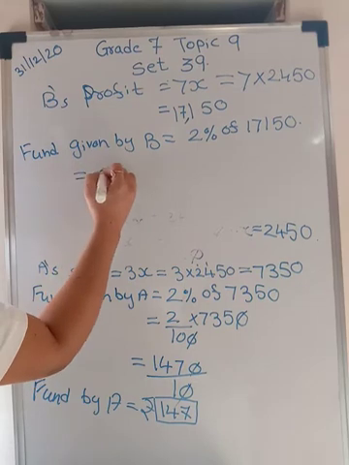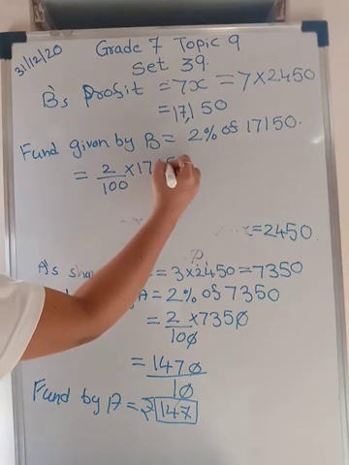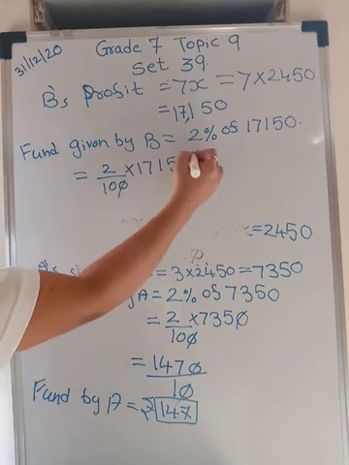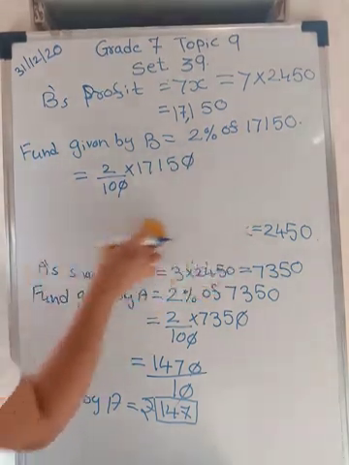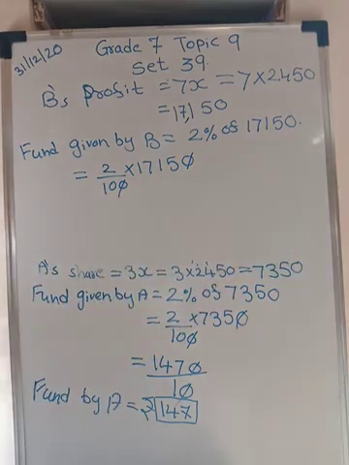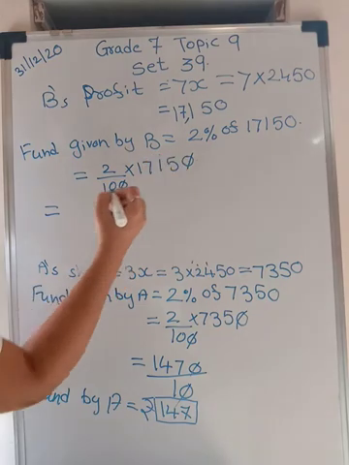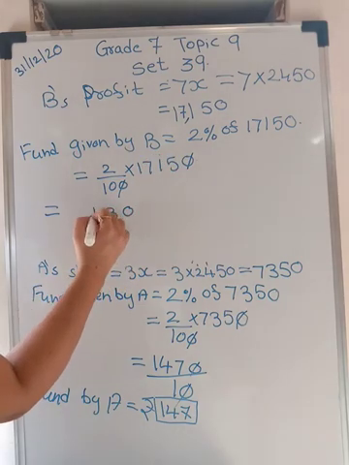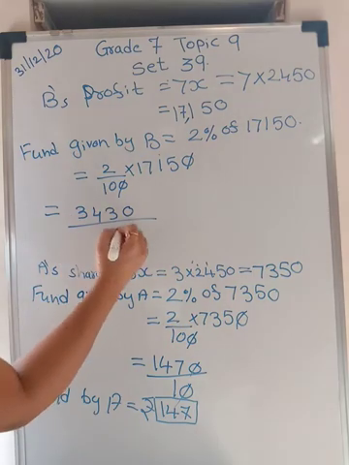Which will be equal to 2 upon 100 into 17150. Again this 0 gone. Alright. So how much fund is given by B? That is equal to, multiply by 2, 2 5s are 10, 2 1s are 2, 3, 2 7s are 14, 2 1s are 2 and 1, 343 by 10.